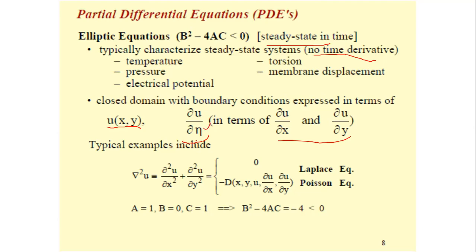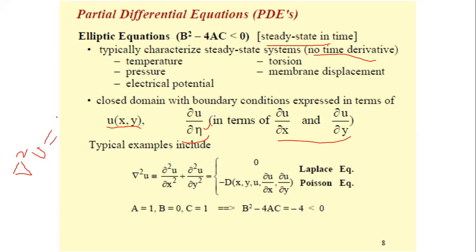Now, the typical example of this partial differential equation is what we know as Laplace's equation. So we know that in the three-dimensional Laplace's equation, del square u is equal to 0.